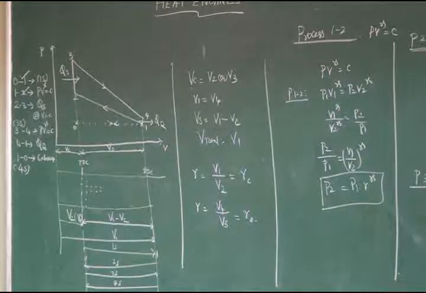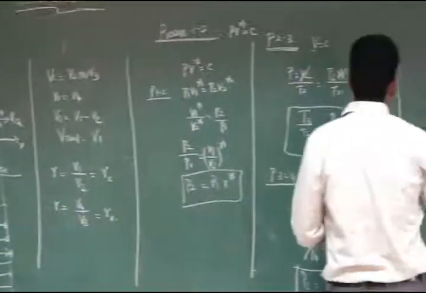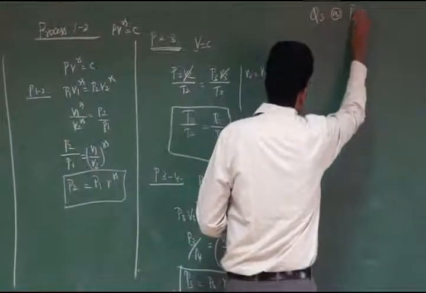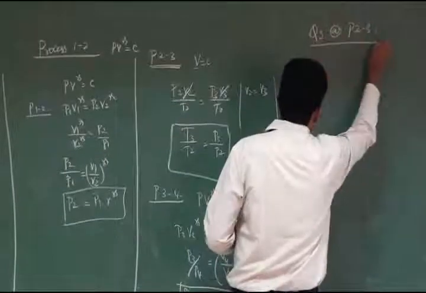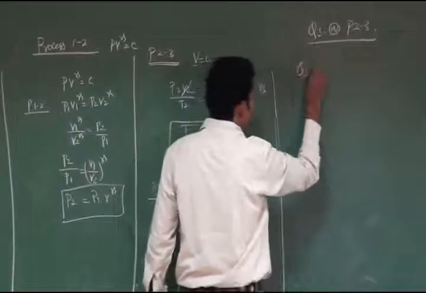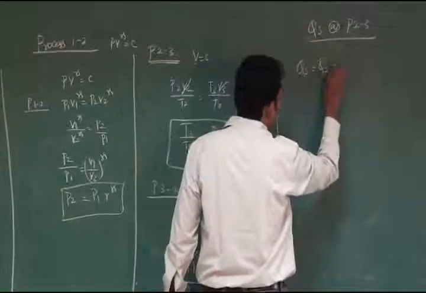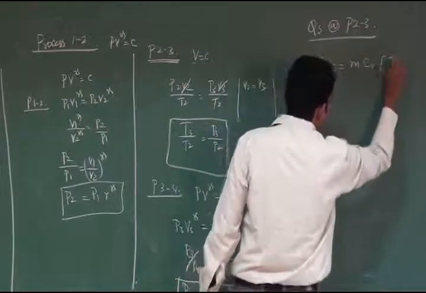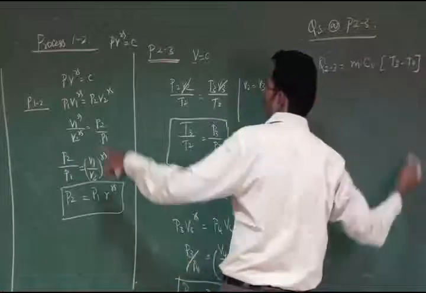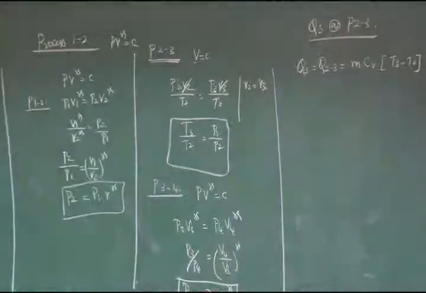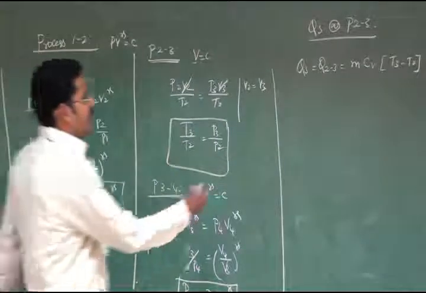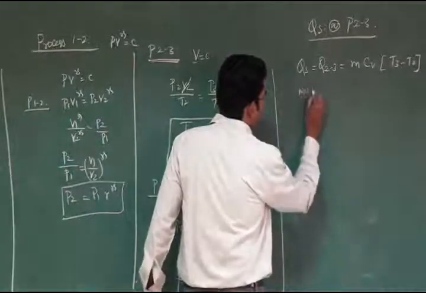Now heat supplied takes place at process 2 to 3. That can be written as heat supplied Qs is equal to Q2 to 3 is equal to M into Cv into T3 minus T2 by means of the PV diagram. Let us consider M is equal to 1 kg.